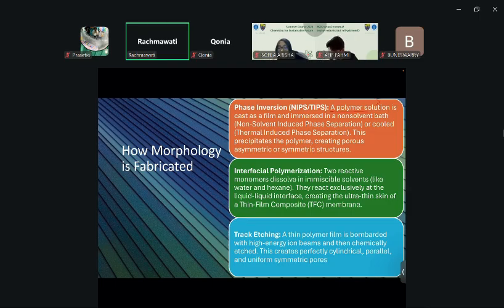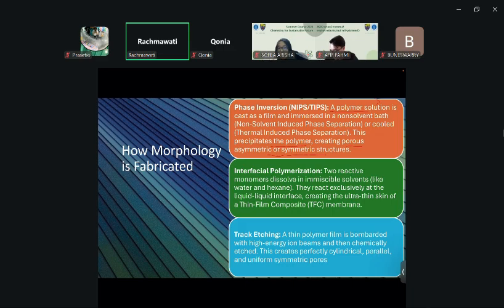Except if your polymer has aromatic groups, then probably it might give colors. But anyway, the polymer precipitates, creating a porous, asymmetric or symmetric structure. And you might wonder, okay, so where do the pores come from?